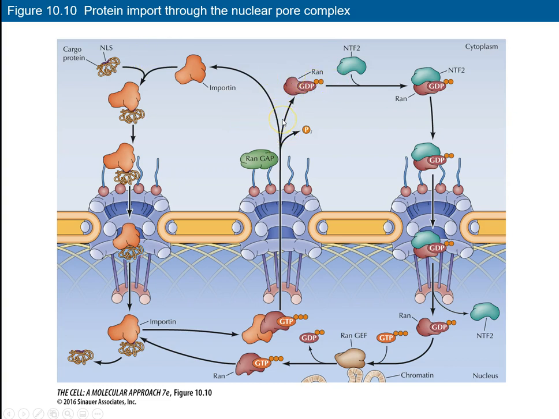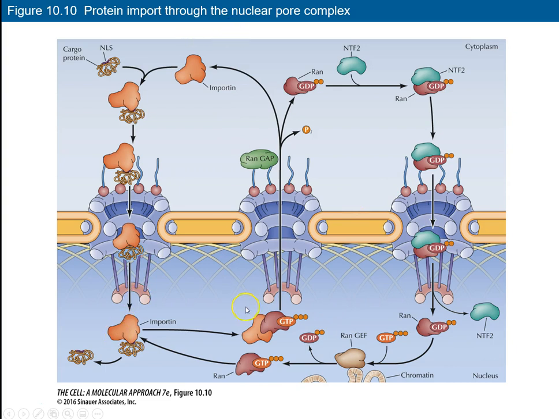So this needs to be able to get back inside, and that is via this NTF2. This protein brings it in, and once it gets back inside, it gets converted back to GTP by another specific protein here, and then the cycle can continue.